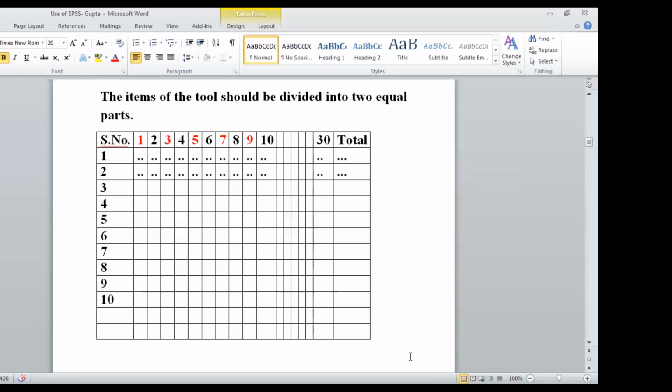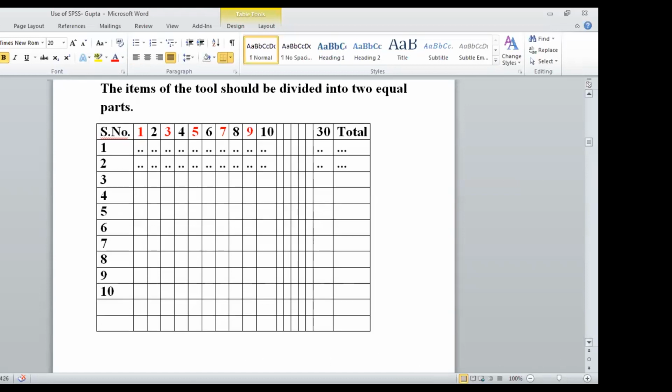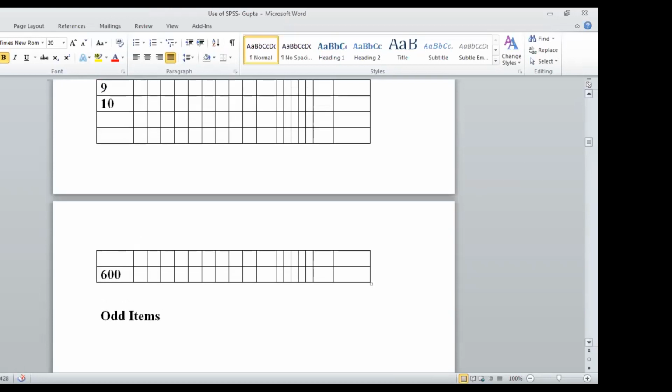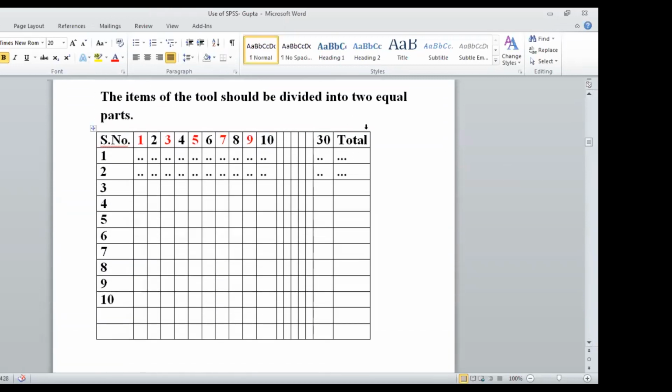You will get the total marks obtained by each person on odd items. So you will have the score of the people on odd items. And if you subtract the total of the odd items from the total, you will get the score of the even items. If your odd item score is 40 and your total is 80, your even will become 40.